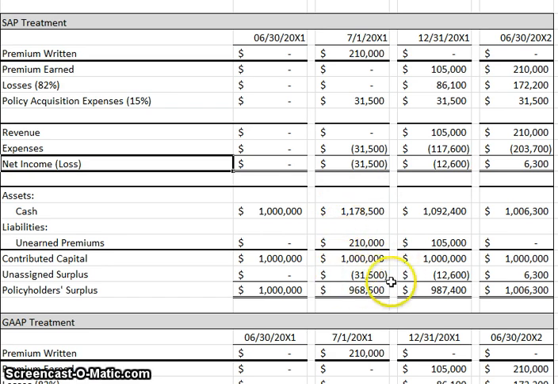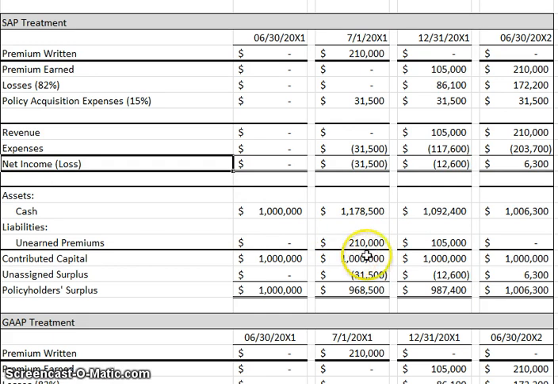However, we lose our expenses and the policyholder surplus drops because we recognize the acquisition expenses immediately, even though we recognize the revenue over time.